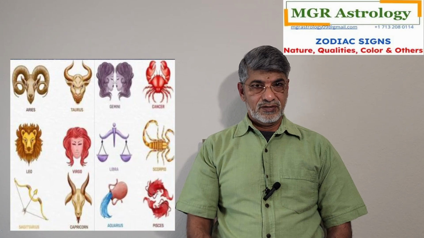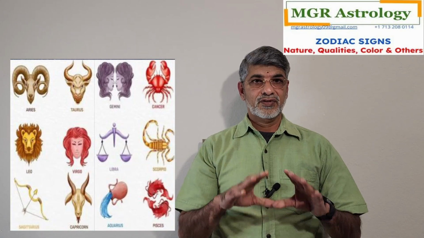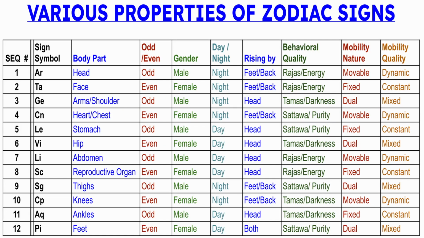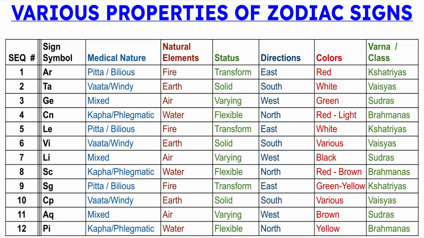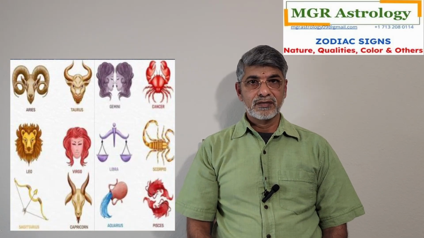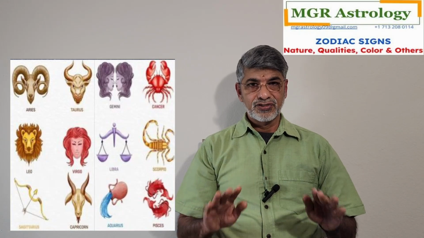The table will be shown shortly, with the first few qualities on the first screen, and then the second screen will show the remaining qualities, so that you can have an appropriate view of this. Apart from that, there are so many other small or important factors allocated to each rasi.